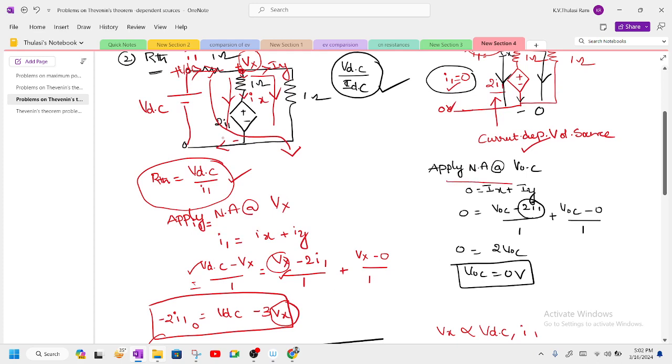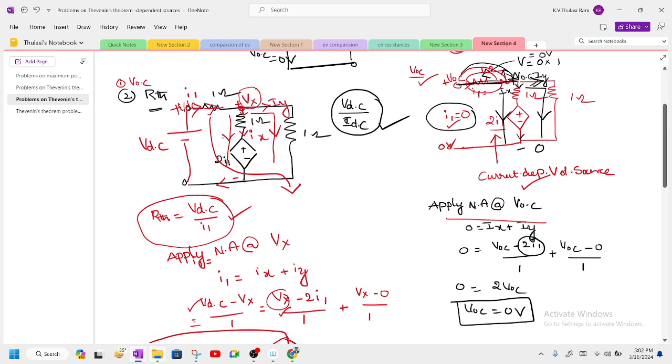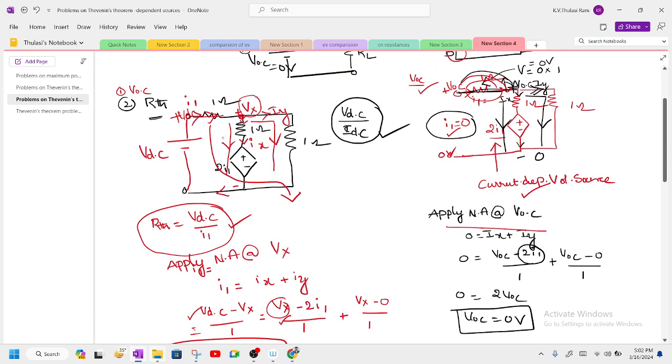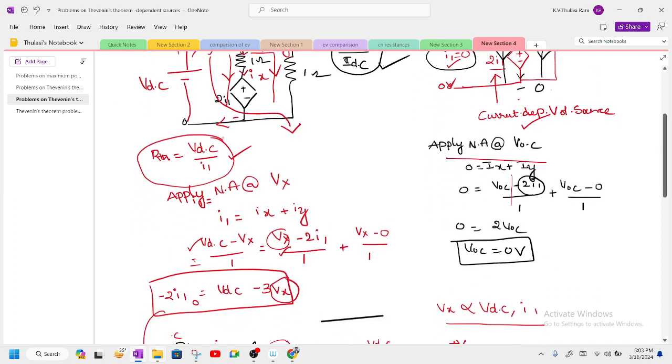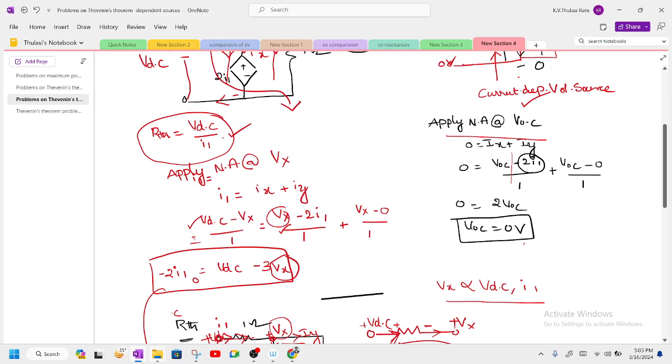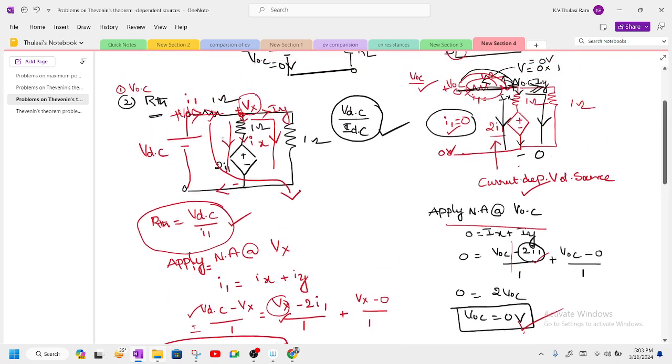So I applied the nodal analysis, and there is no entering current. Leaving currents are Ix and Iy. So VOC minus 2I1 by 1, plus VOC minus 0 divided by 1. So from here, and already it is known, it is open circuited, I1 is 0, we got VOC.